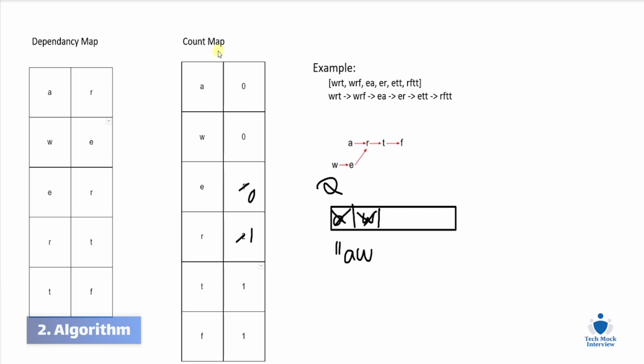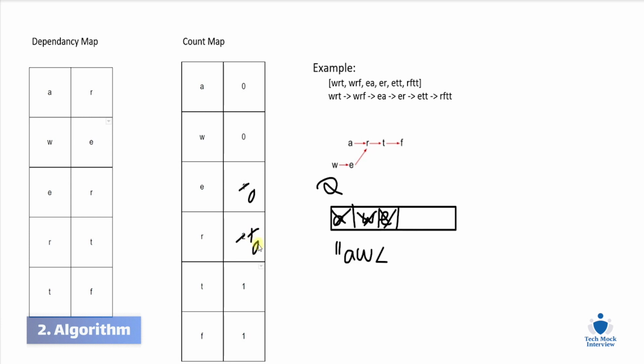Again, we look at the count map and we add the letters that have count 0, which is now E. So we add E to the queue as well. We repeat the same procedure here. Add E and then look at the dependency map. Well, it's R, so we decrease R again.